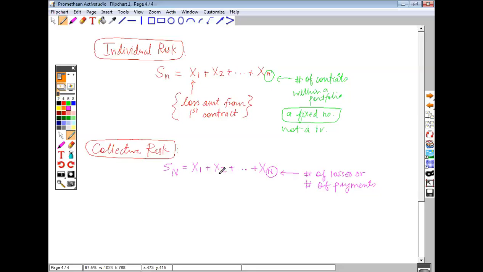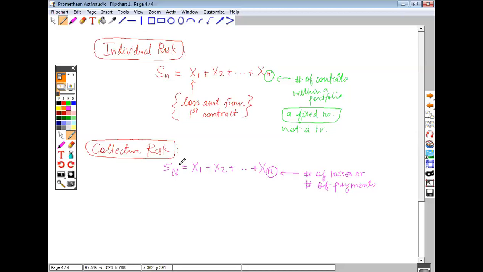You can either die or not die within the stipulated time period that I'm calculating this for, right? And each of you has a different probability of dying because each of you has a different exposure and a different coverage as well. So I'm assuming that all of you are independent, but not identical.